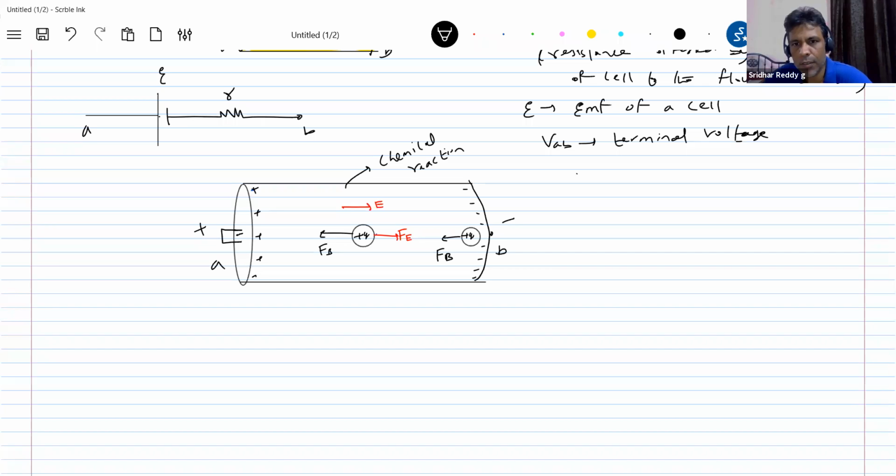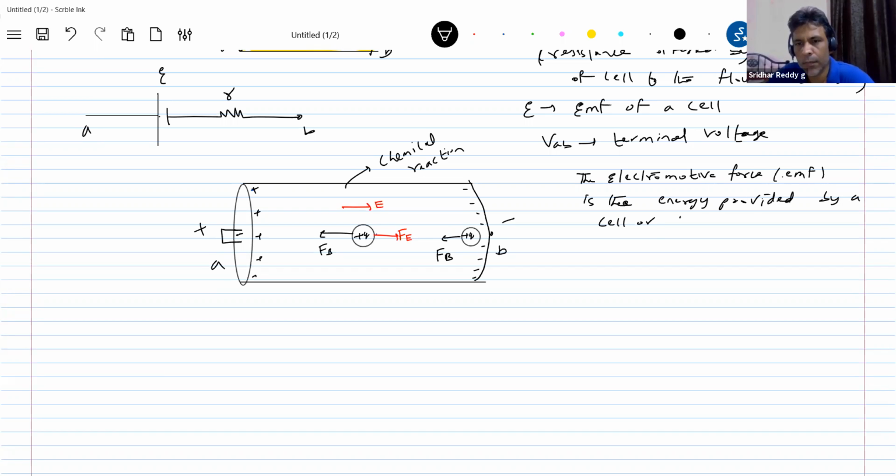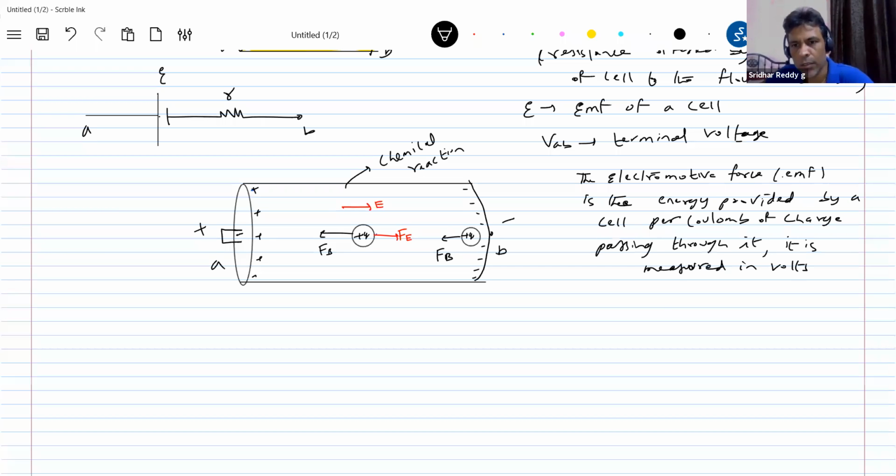The EMF, the electromotive force, in brief we write like this: EMF is the energy provided by a cell per coulomb of charge passing through it. It is measured in volts.